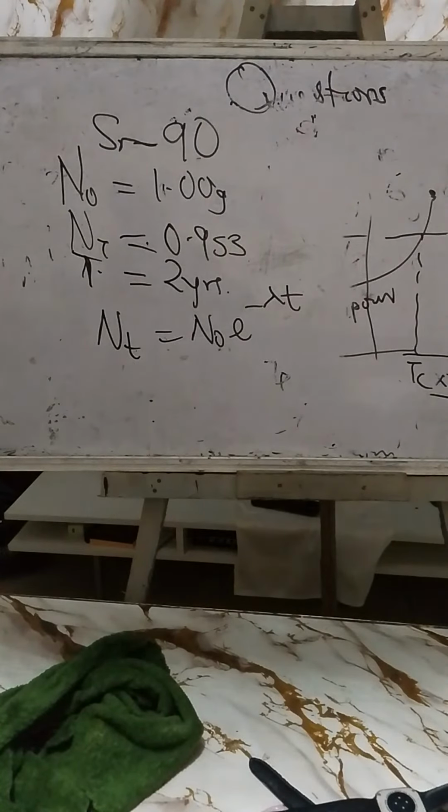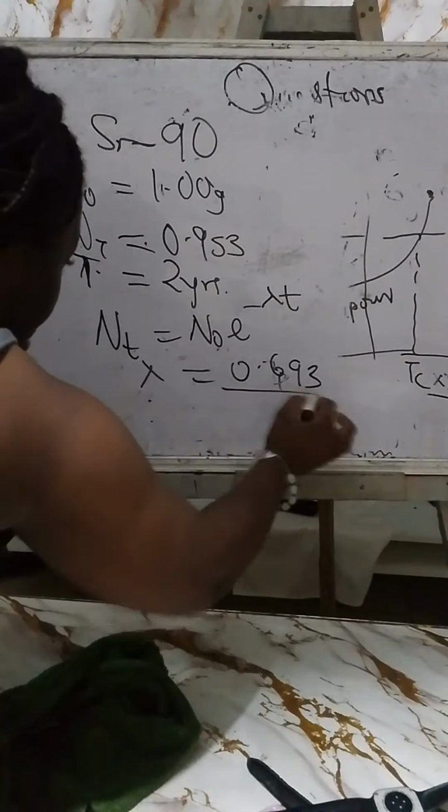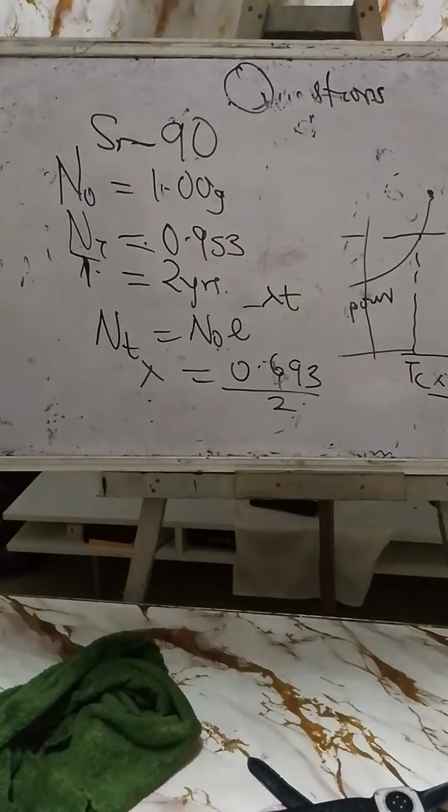Decay constant is given as 0.693 divided by 2. That's what you do to calculate decay constant. So divide that by 2. 0.3465 will be the answer.